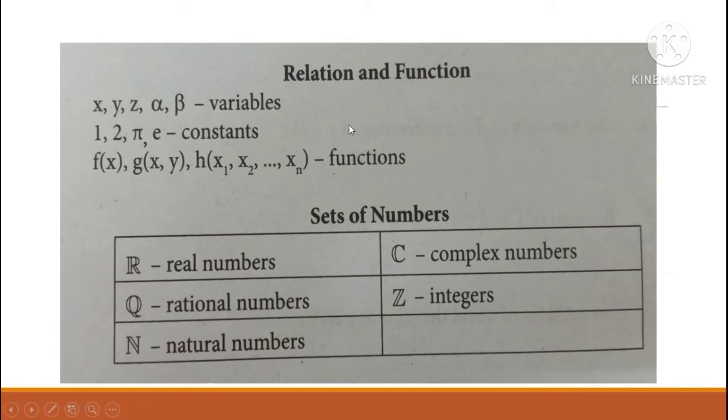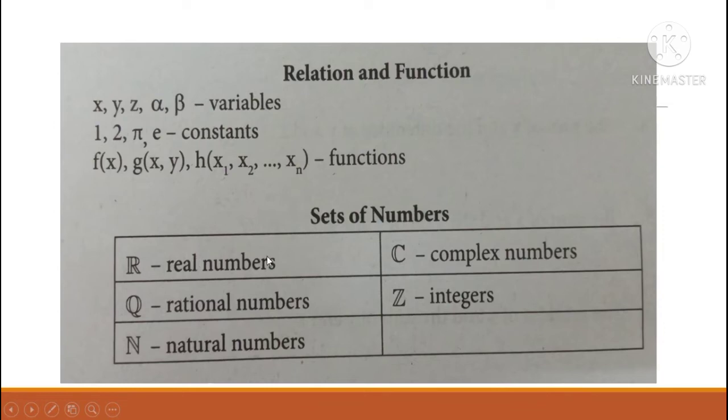Okay? So, this is the function: f of x. The parenthesis means of, so f of x. Then g of x and y, or h of x sub 1 and x sub 2 and so on. So, this is the function. Now, the sets of numbers.